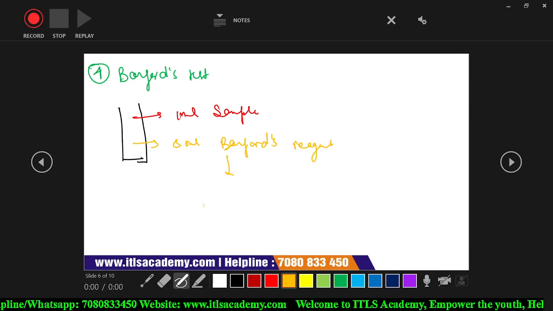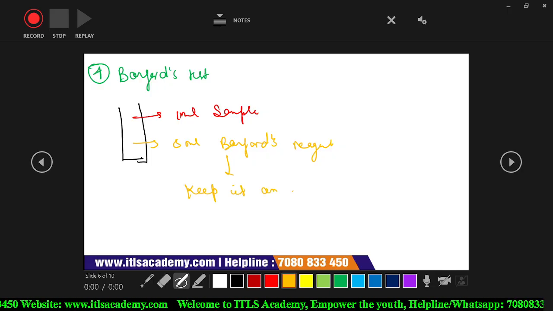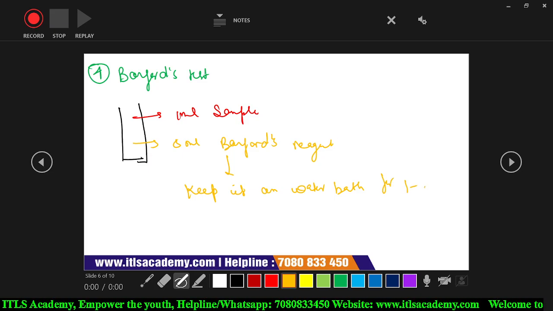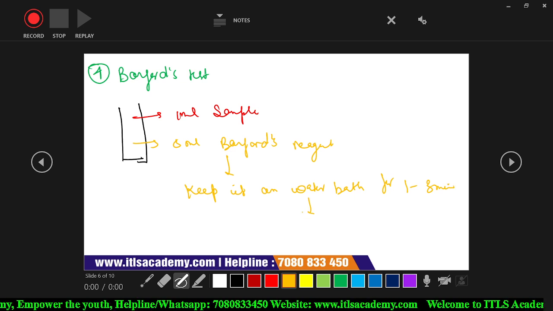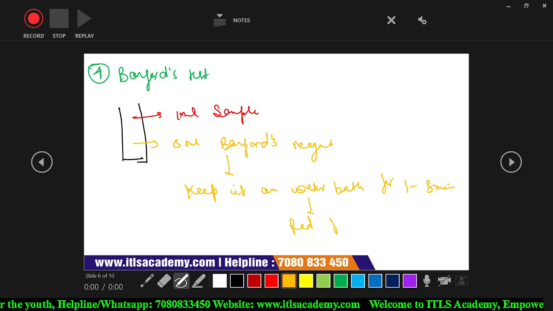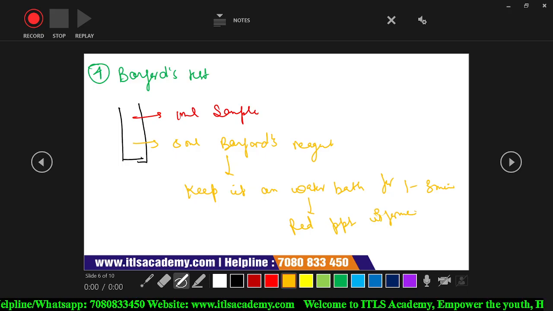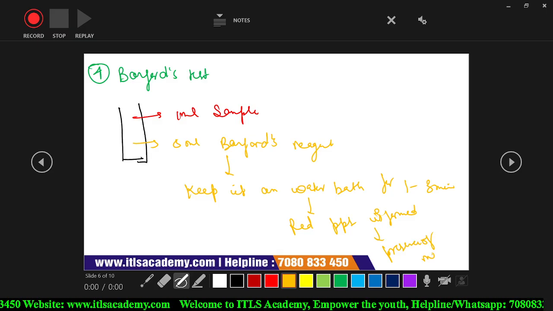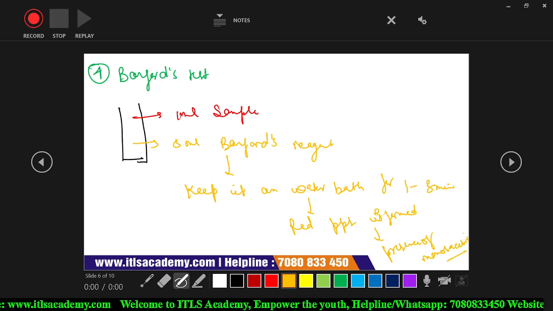Then after that, we keep it in a water bath for 1 to 3 minutes, and we observe that a red precipitate is formed, which indicates the presence of monosaccharides. Clear?